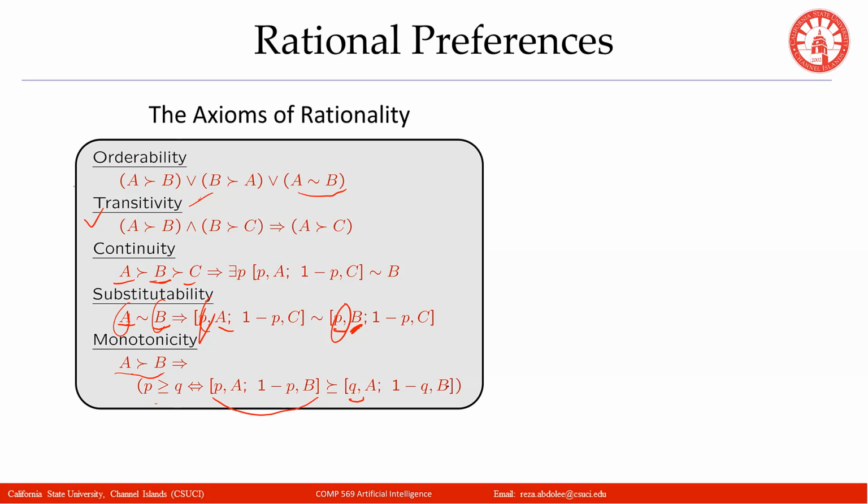So if you prefer a lottery between A and B with given probability P, then it means that the probability P is going to be greater than Q.